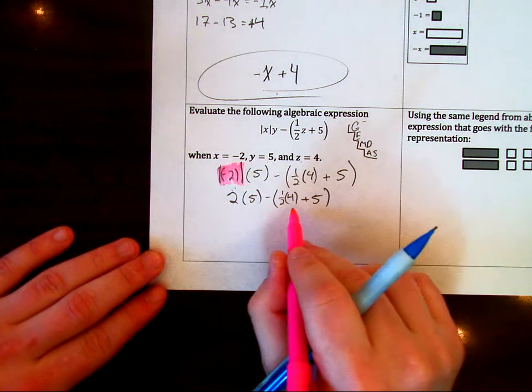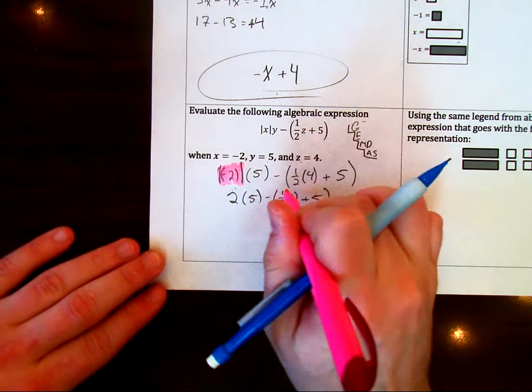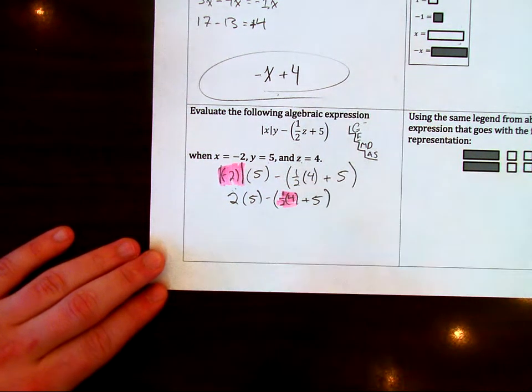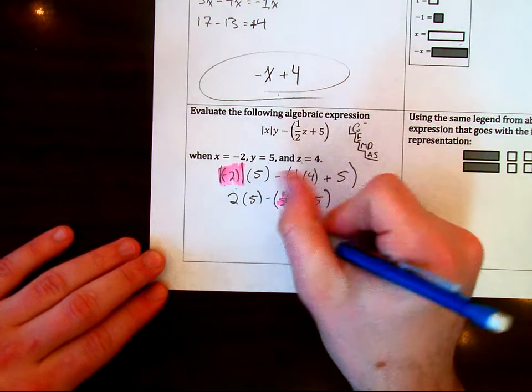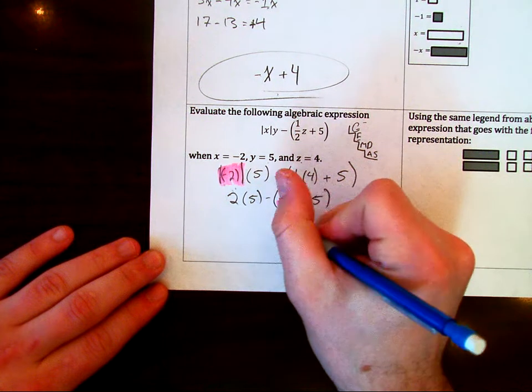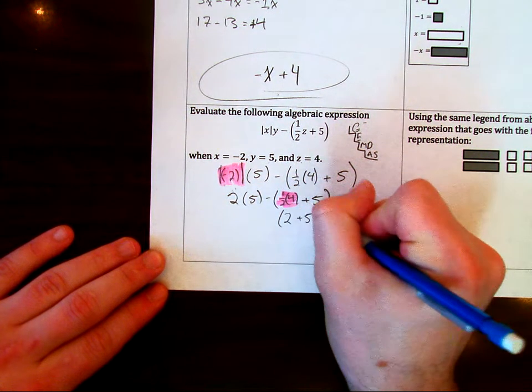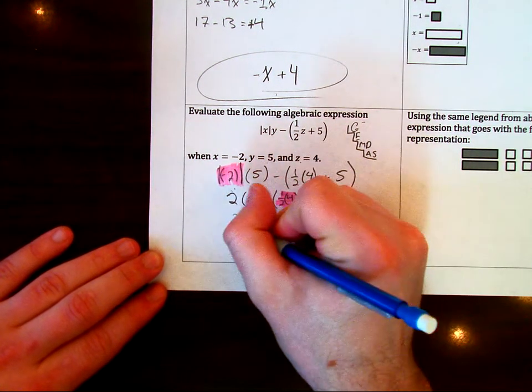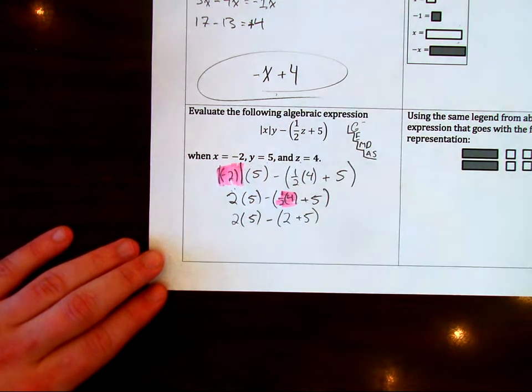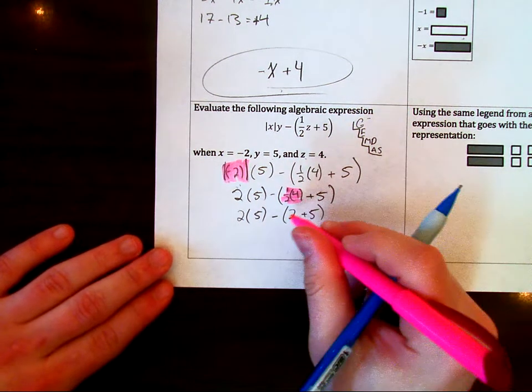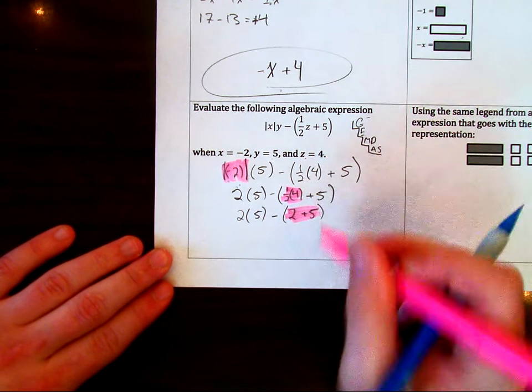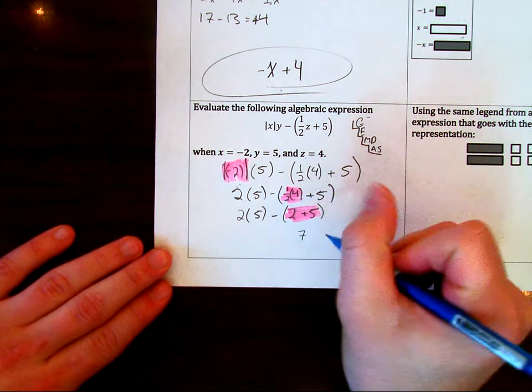Inside the grouping symbols, we can do this multiplication. We're going to do 1/2 times 4. That's also a 2. Everything else stays the same. Still inside that grouping symbol, we can do 2 plus 5. That's going to be a 7.